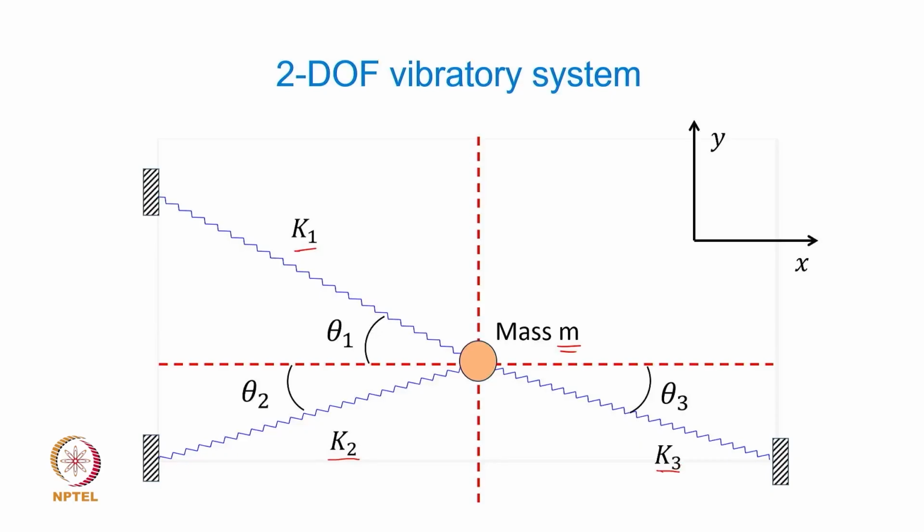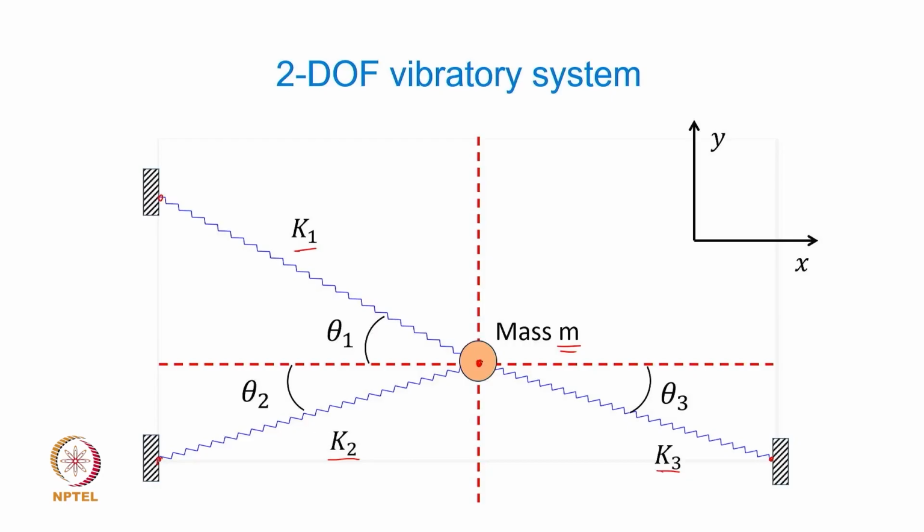Okay. So, it is a point mass which is held by 3 springs in space, and the positive directions of x and y axis are shown here. These springs are rigidly held at these two points, and if we perturb this mass and let it vibrate, it will vibrate in that vertical plane, a 2-dimensional space, and the motion of that mass is defined completely by the motion x and y.